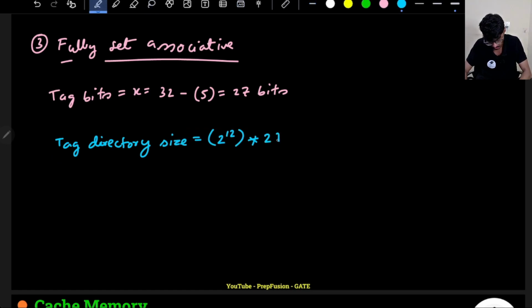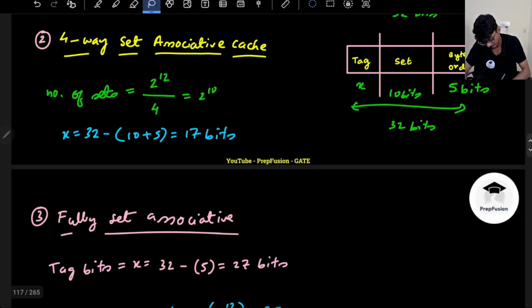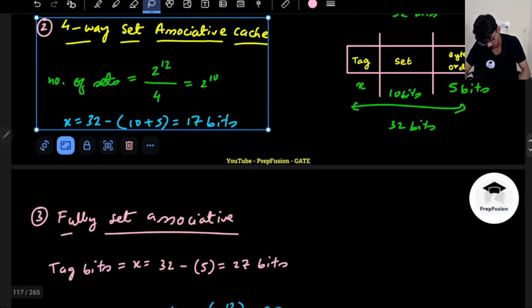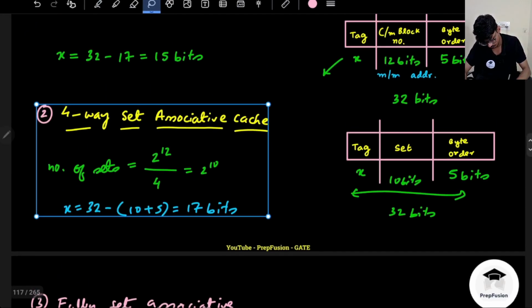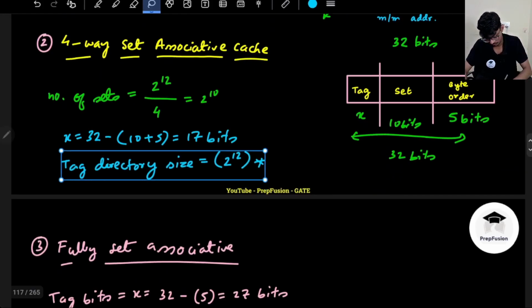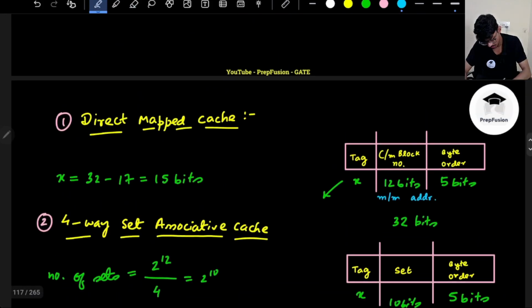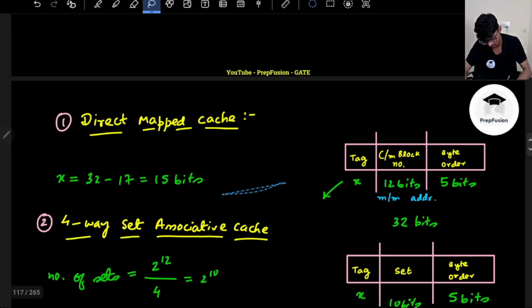So here it will be 2 raised to power 12 times 27 bits. Here it will be 2 raised to power 12 times 17 bits. Here, in direct mapped cache, it will be the lowest.